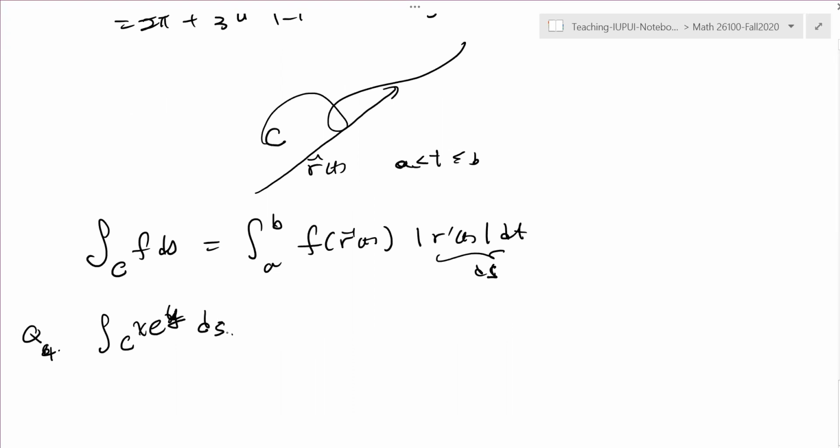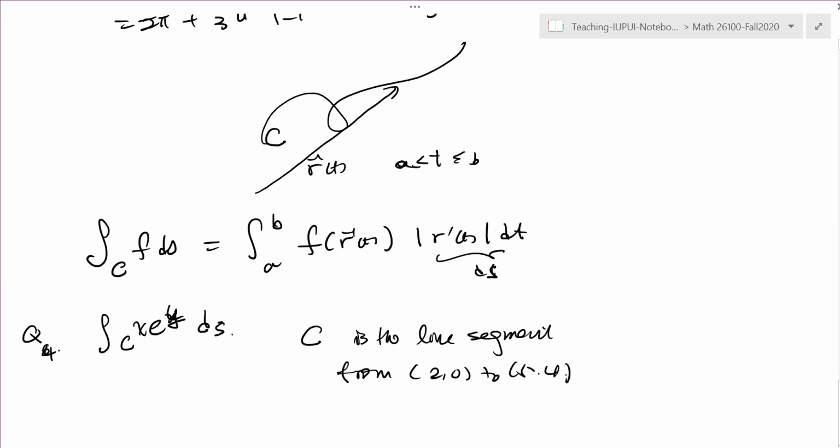And C is the line segment from the point 2, 0 to the point 5, 4.